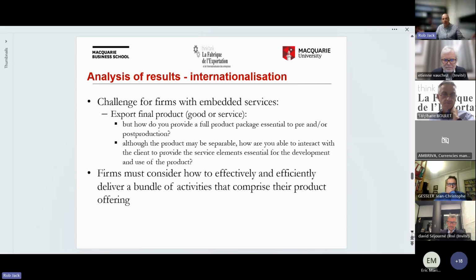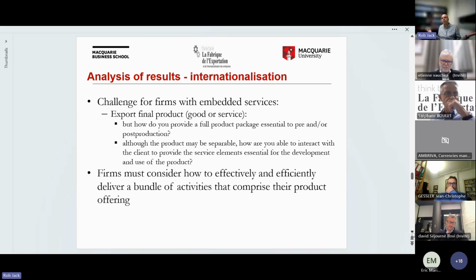It's what surrounds that final product at the start, before it's actually made, and at the end, after it's made, that produces the complexity. Yes, they can export their final product, but how do they provide that full product package essential to the pre-production of the product and the post-production of the product?